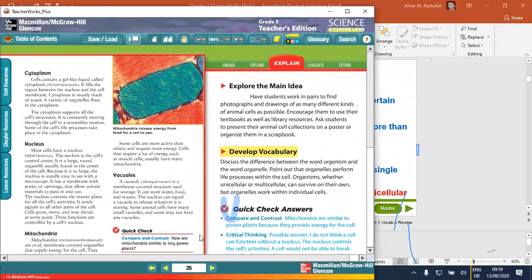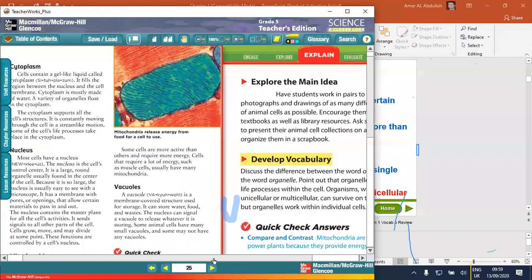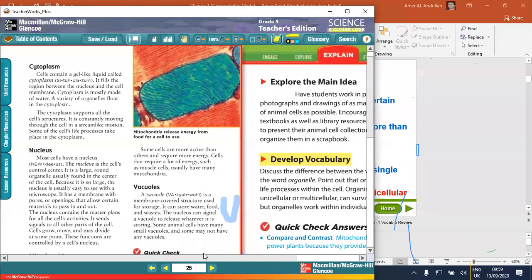Now I will choose some students to read about the cytoplasm. I will choose Mu'min Bassam. Cells contain a gel-like liquid called cytoplasm.